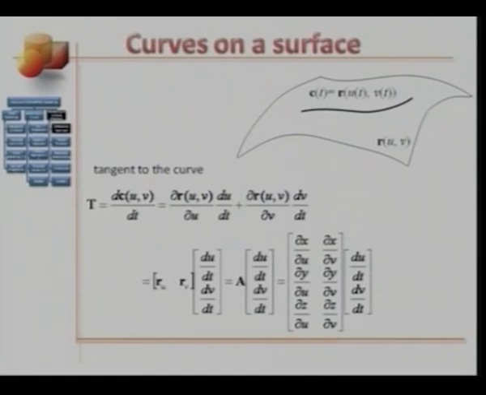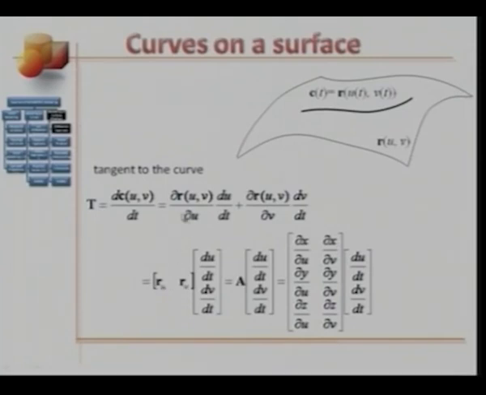You can do the math and you can express this right hand side as a multiplication of two matrices, a row matrix and a column matrix. This row matrix comprises of the tangent along the u direction, the tangent along the v direction.